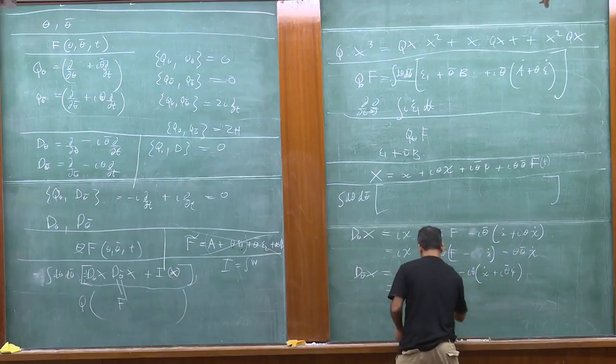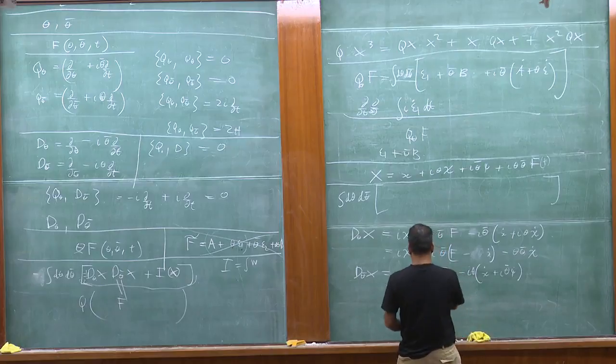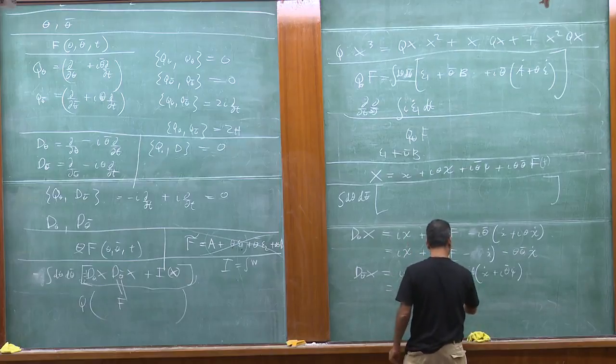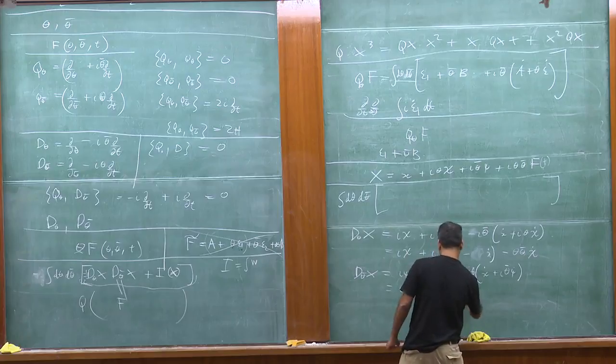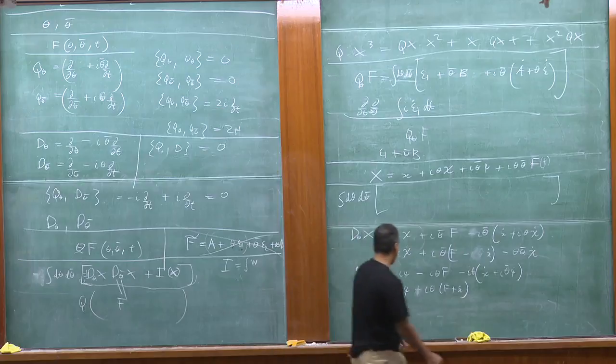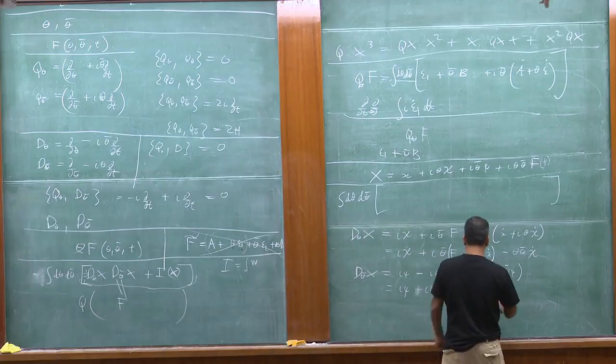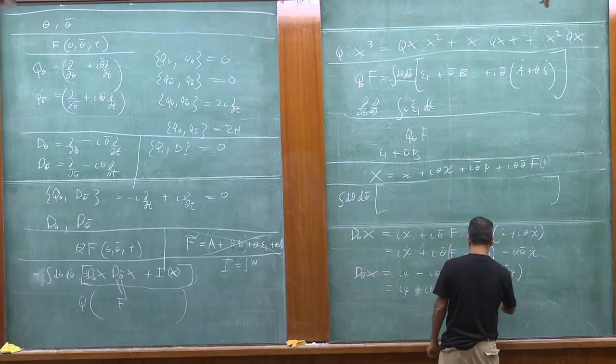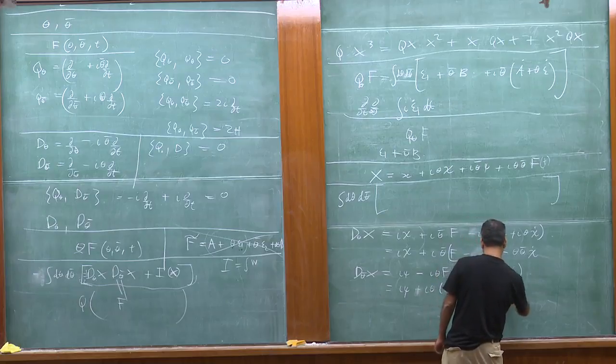theta plus i theta into minus i theta into x plus m. Okay? F plus x dot. And plus theta bar psi dot.